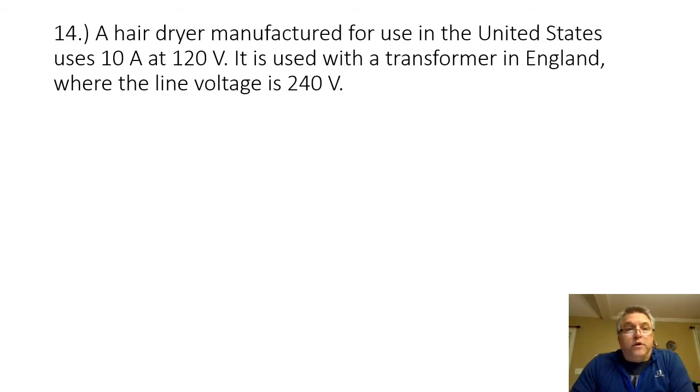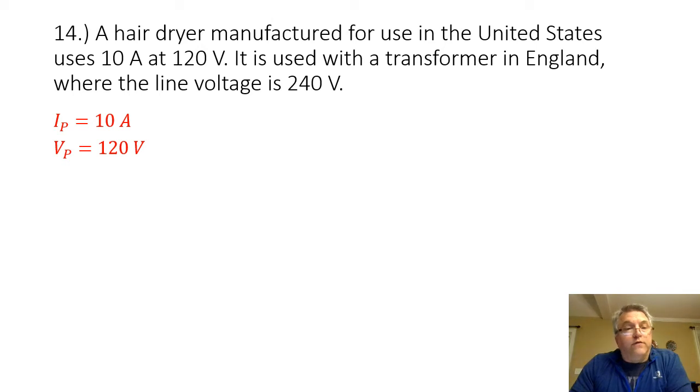On to problem 14. A hairdryer manufactured for use in the United States uses 10 amps at 120 volts. It is used with a transformer in England where the line voltage is 240 volts. We are given the current in the primary circuit is 10 amps and the voltage in the primary circuit, which is 120 volts.